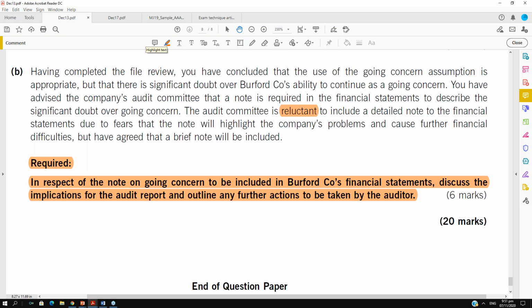If the audit committee or the management disagree, will that result in a modified opinion? Will that result in a modified opinion if someone disagrees with you?